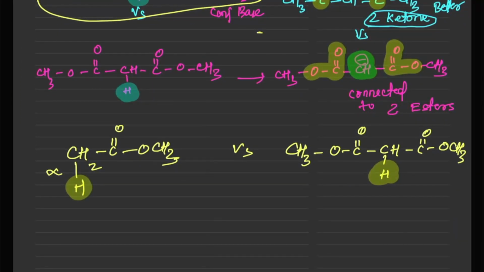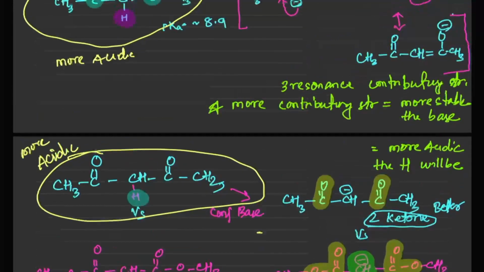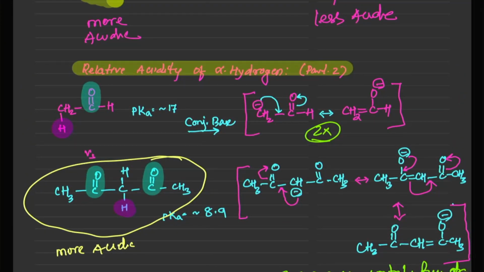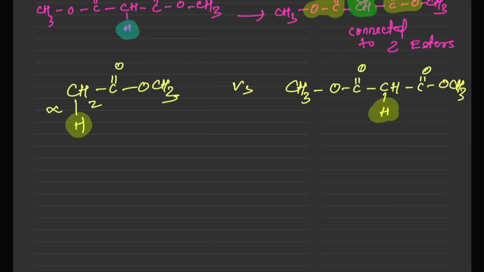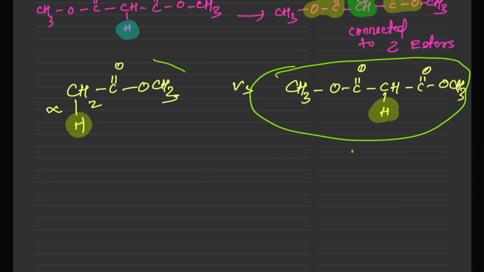So two ketones are always better than two esters. Which one is going to be more acidic here? This one would be more acidic. If we have something like this, these are two alpha hydrogens.